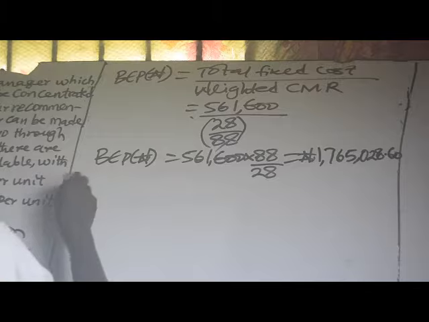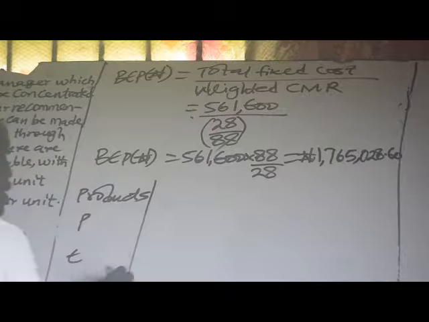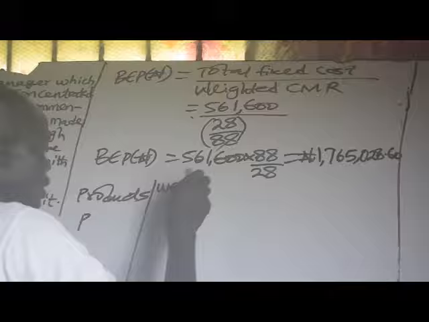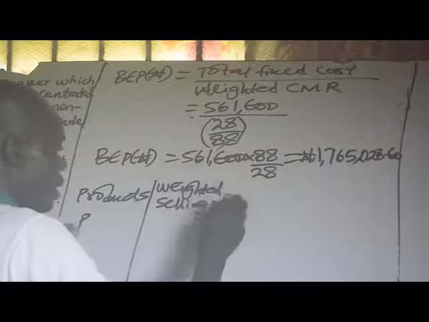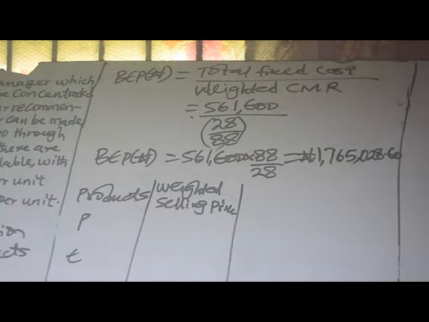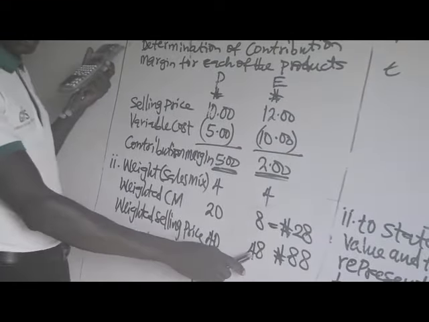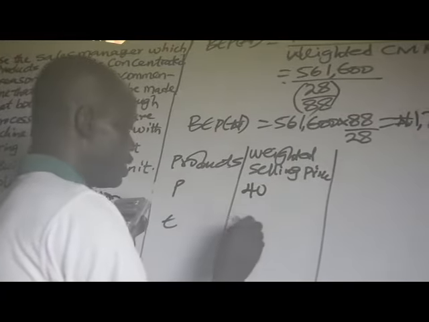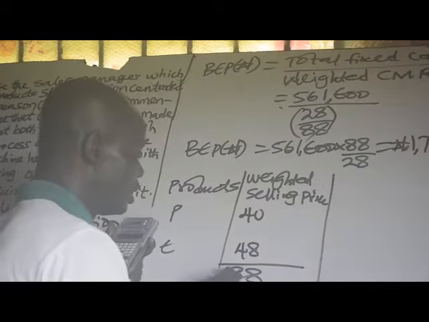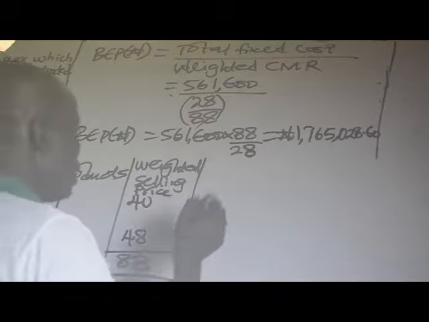So we have two products, P and E. Our weighted selling price for product P as computed is 40, while that of product E is 48. 40 and 48, total is 88.